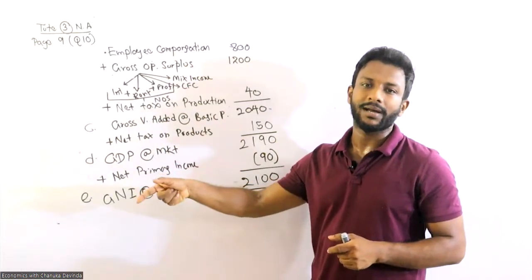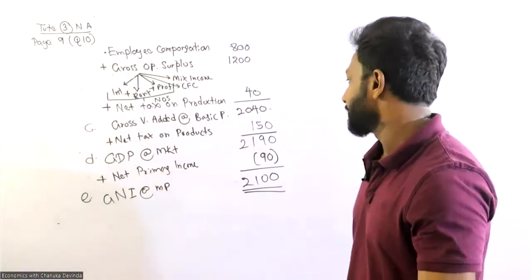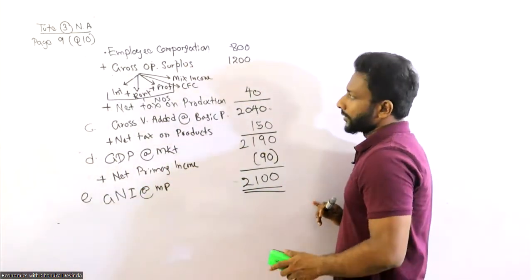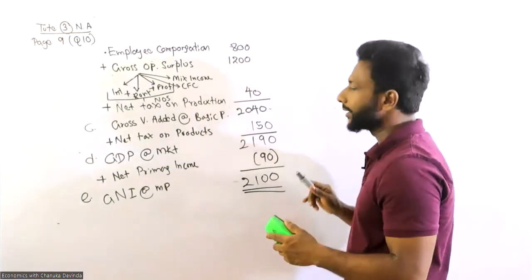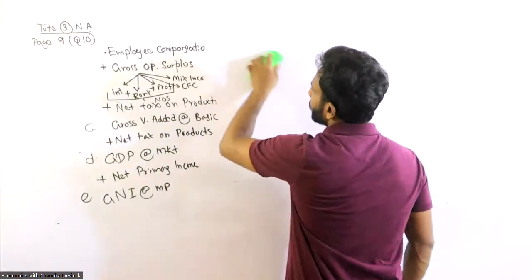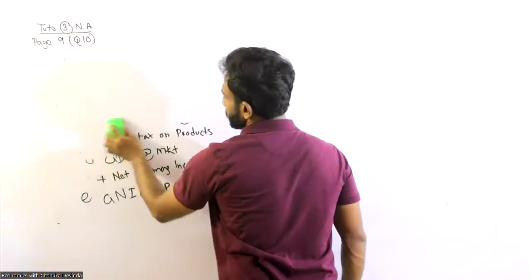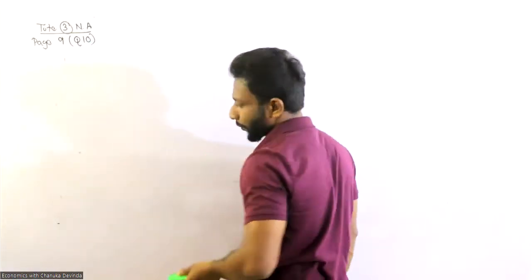Plus net primary income, it is GNI at market price, right? Easy peasy. So the first question is nicely done.